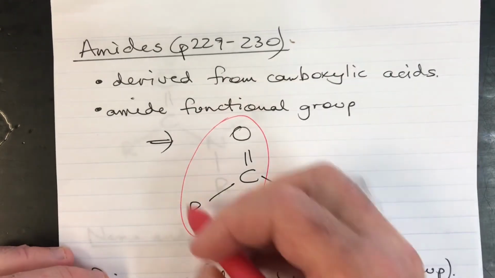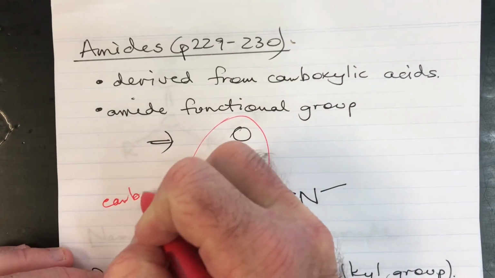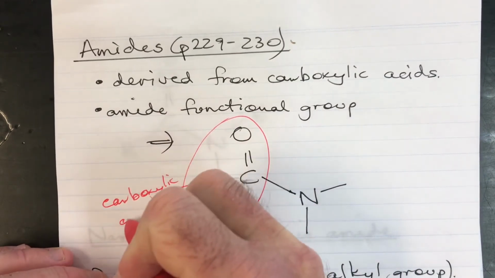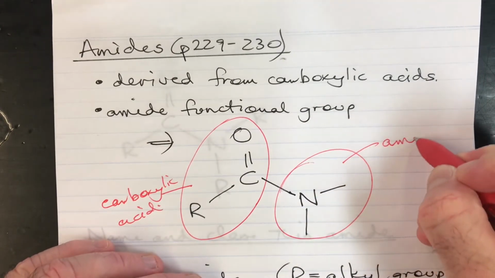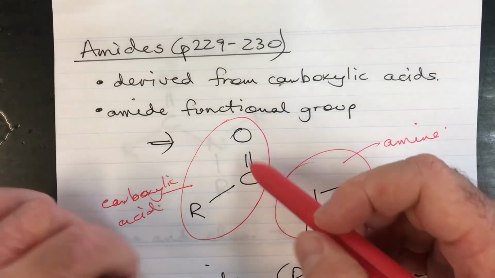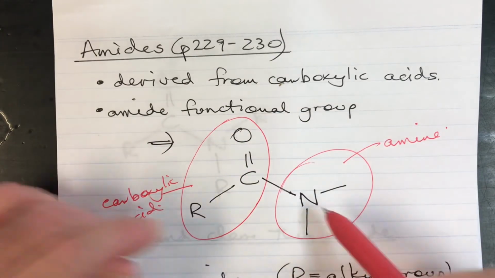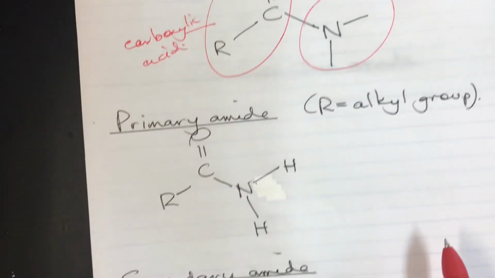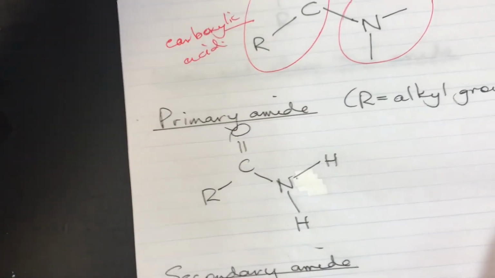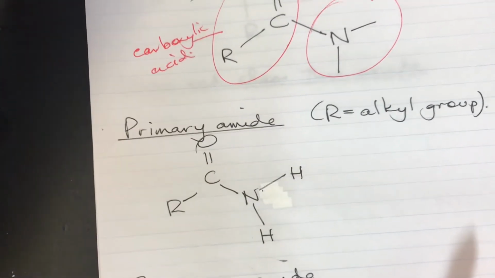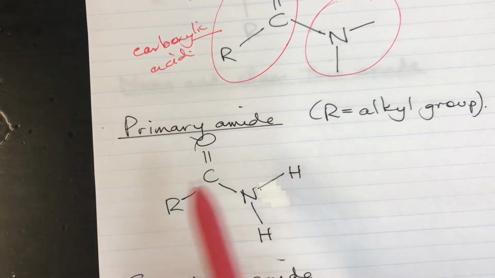So this is the carboxylic acid part, and this is the amine part. So carbonyl to amine. And like the amines and the alcohols, we have primary, secondary, tertiary amides as well, just to complicate things a little bit, but it's all easy.